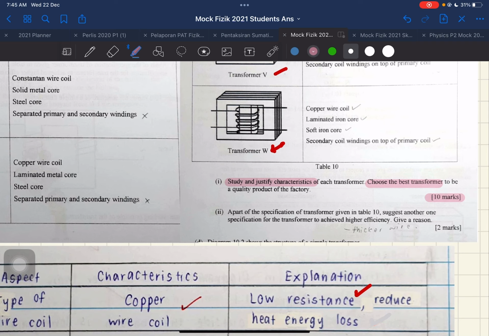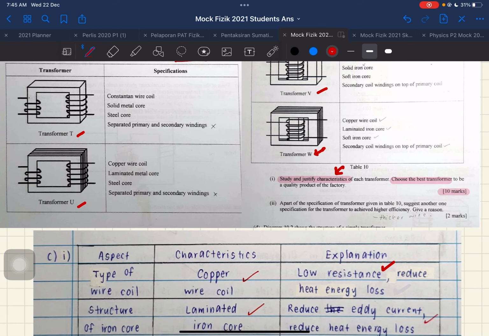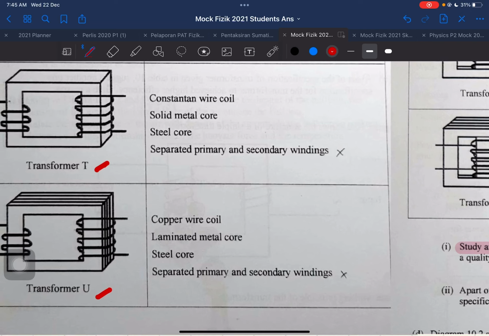There are 2 parts here. The first part is to study the characteristic, and the second part is to choose the best transformer. Since there are 4 characteristics given, as you can see here: type of wire, type of core, the material for the core, and special feature, winding the primary and the secondary coil.